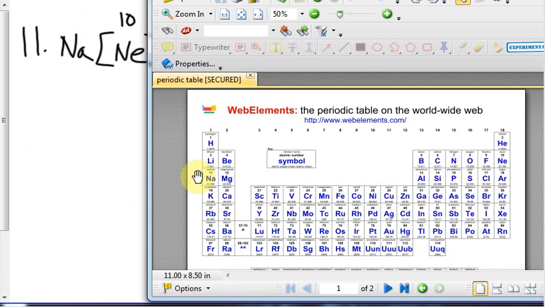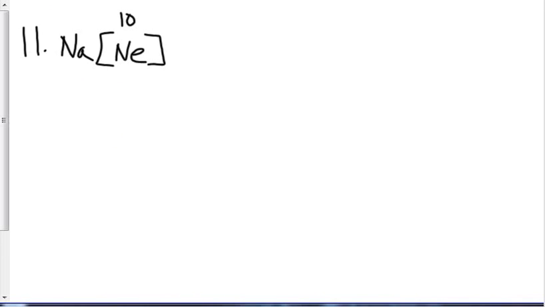Here's sodium, and I need to add row 3, s block. And so now I write principal quantum number 3. s has one orientation. Neon is done. Piece of cake. If I go to count those up, I just count neon. That stands for 10 electrons. And then I've got the one more electron right here for a total of 11, and that equals the atomic number.